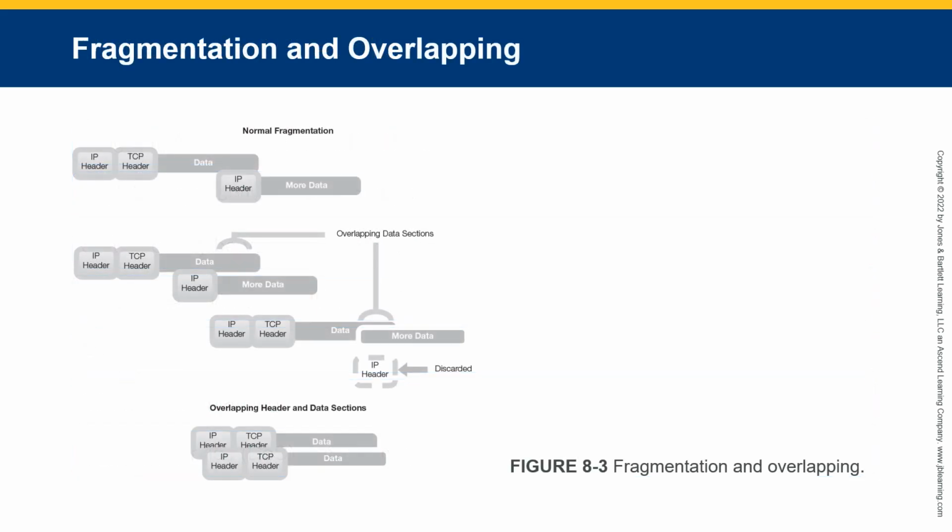So let's talk about fragmentation and overlapping. I described it just before. As you can see, normal fragmentation occurs where the data is too big, so we split it up into two packets. Here we have overlapping data that is broken up into multiple packets, and therefore the IP header would end up being discarded.